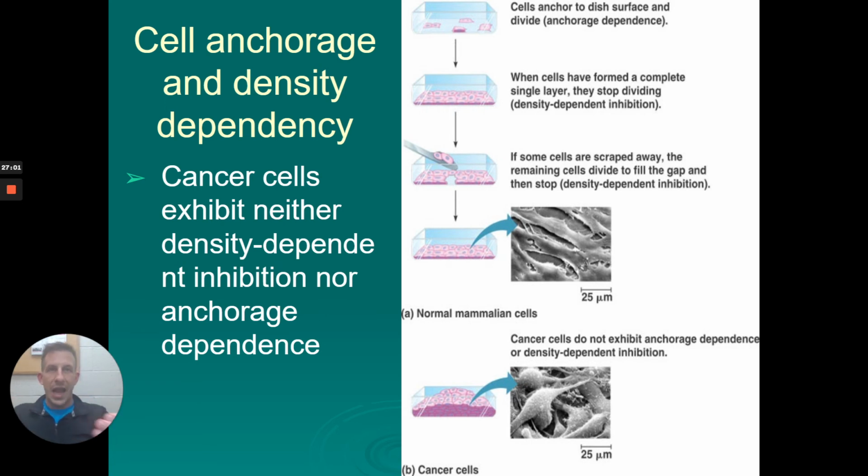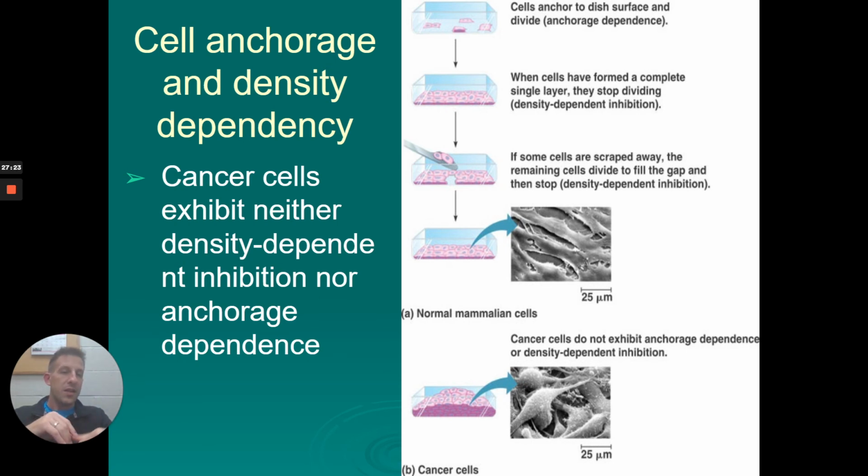They don't have to be anchored to anything, okay? The same thing with some of these metastatic cancers. They can actually pick up shop, move from where they started, and divide on their way to the next place where they're going to set up shop, okay? And so some cancers don't even need to be anchored to a tissue. They'll just divide wherever, okay?